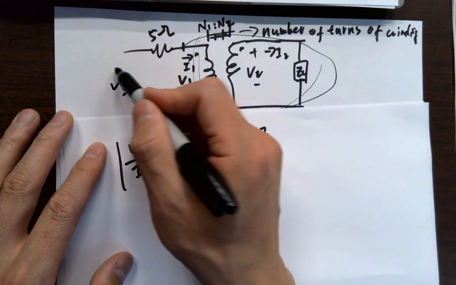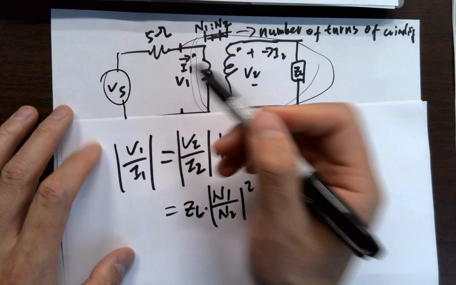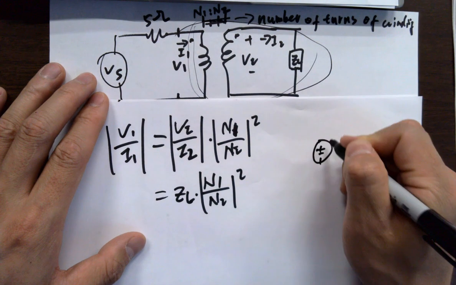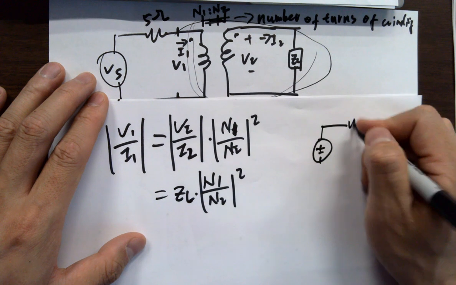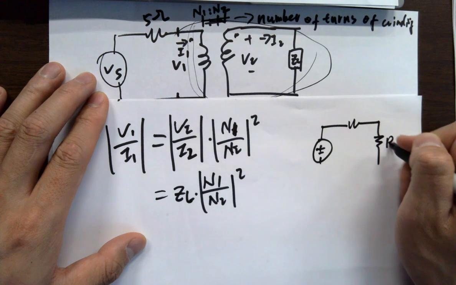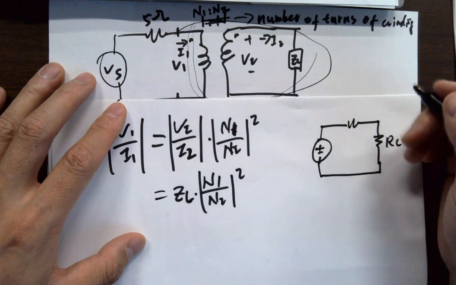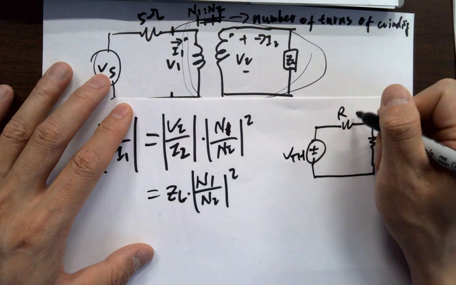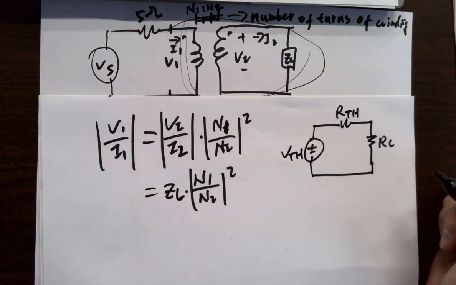Let me come back, getting slower a little bit. So here's the source voltage. Remember previously we have a conclusion that if we have a circuit like this, sometimes we convert everything to a Thevenin equivalent, just to make it more general.